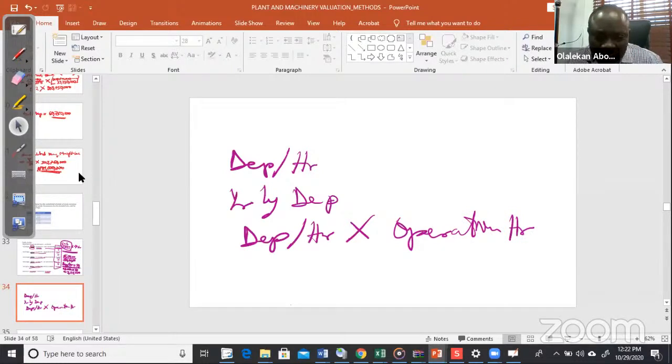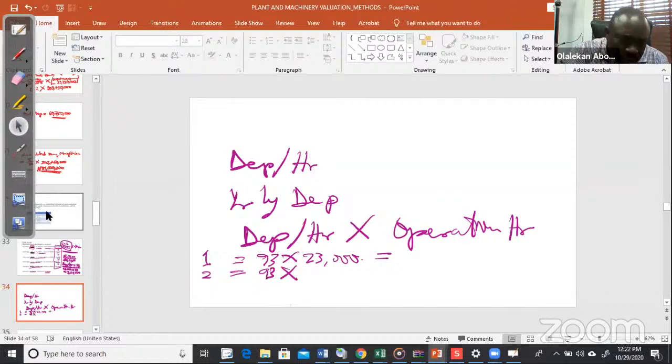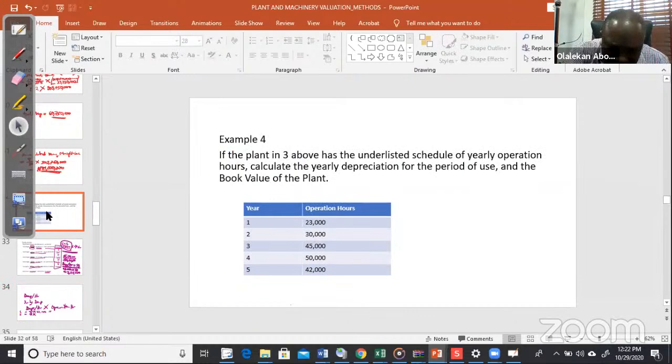So in the case of our example, for year 1 we will have 93 multiplied by 23,000, so that will give us a figure. For year 2, we will have 93 multiplied by the figure for year 2, which is 30,000, and the other one 45,000.